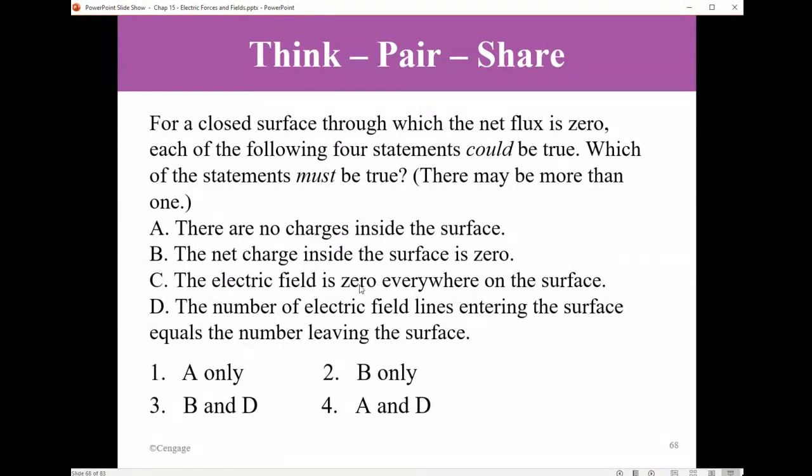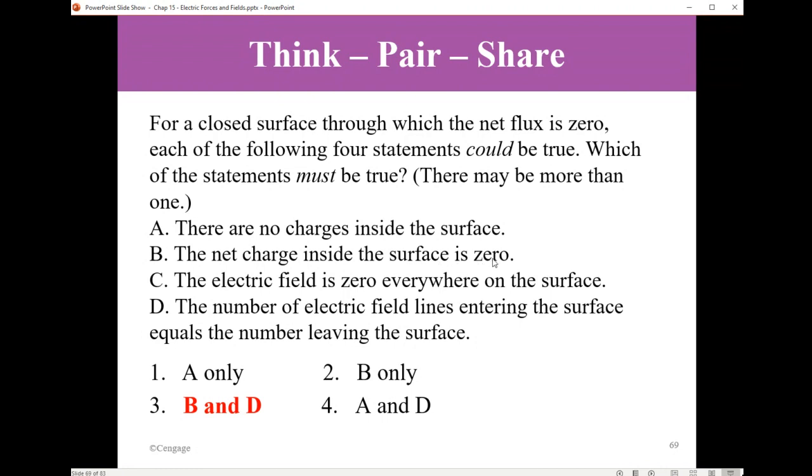That's a possibility. The electric field is 0 everywhere on the surface. The number of electric field lines entering the surface equals the number leaving the surface. So B and D must be true.